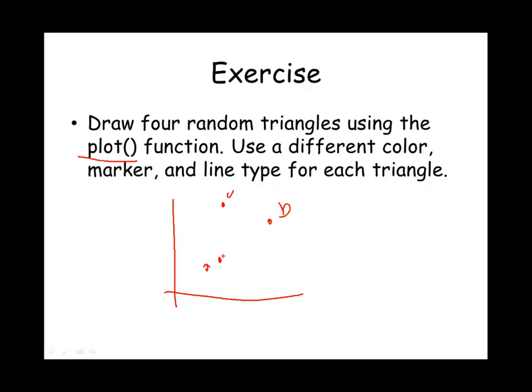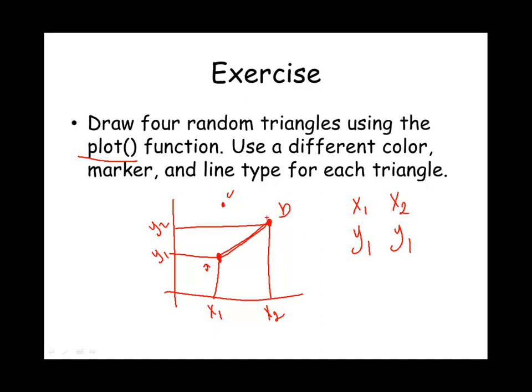We want to have the plot function start from point A and go to point B. Let's say point A has coordinates x1, y1, and point B has coordinates x2, y2. If you want the plot function to go from point A to point B, you need to provide the coordinates of A and then the coordinates of B.